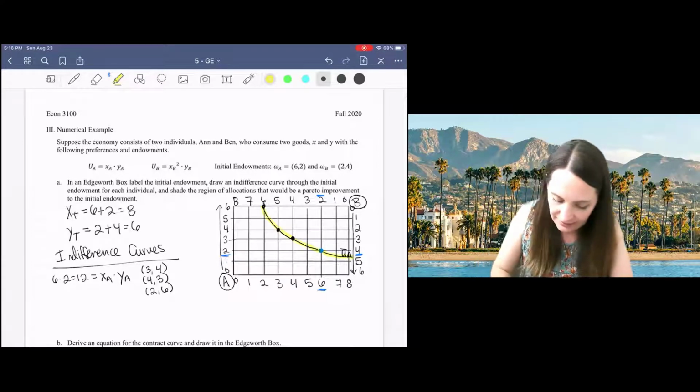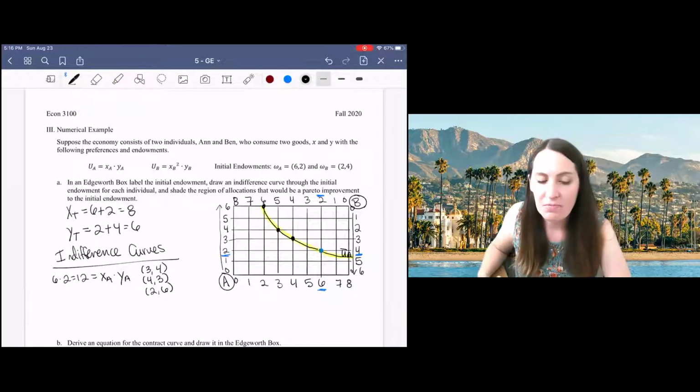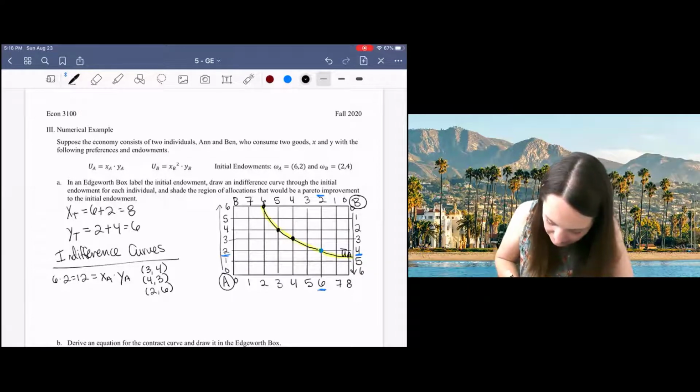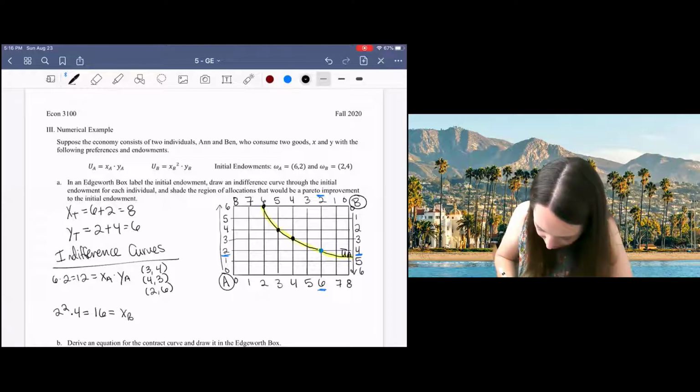For Ben, his utility function is a bit more complicated, but we can do the same thing. Ben's original utility will be 2 squared times 4, which is 16. So the equation for his indifference curve would be 16 equals XB squared times YB.